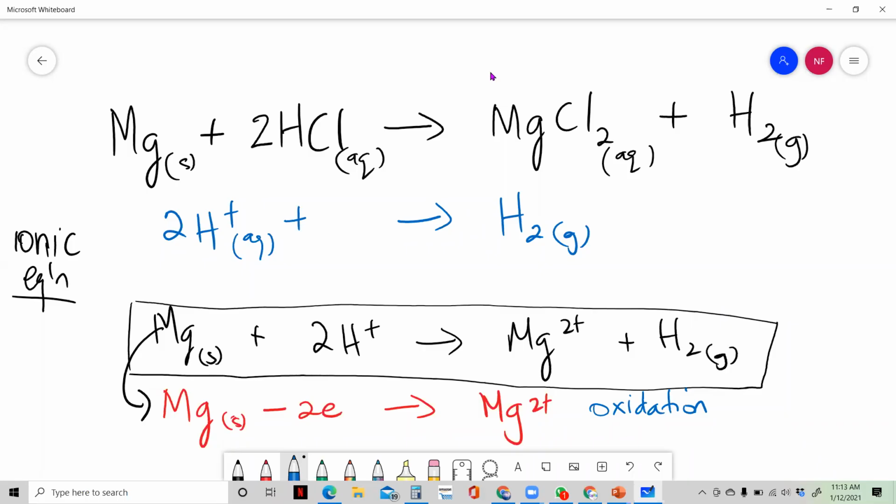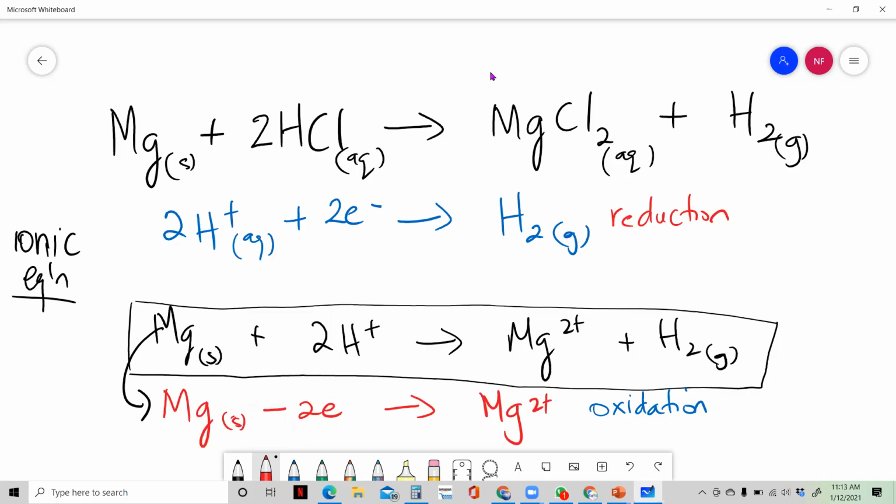Because I have 2 hydrogen ions, each will require one electron, and so in total I have 2 electrons. So in this case, hydrogen gained 2 electrons to form hydrogen gas. So the process that is taking place here now is reduction. All right, with me so far?